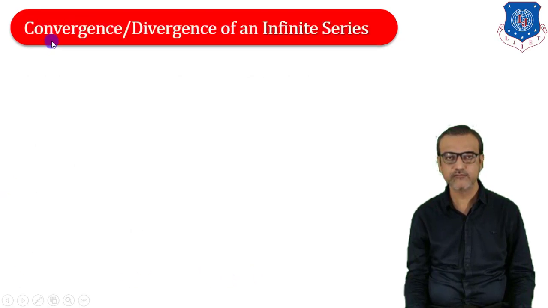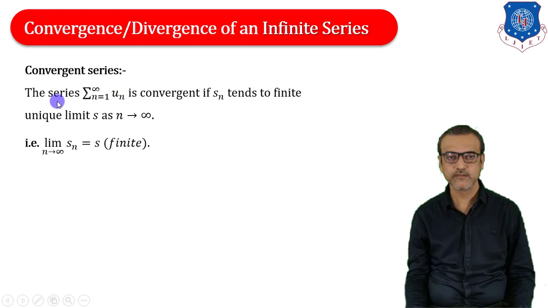Now we will see convergence and divergence of an infinite series. First of all, we will see what is the meaning of a convergent series. The series sigma n is from 1 to infinity un is convergent if Sn tends to a finite, unique limit as n tends to infinity.